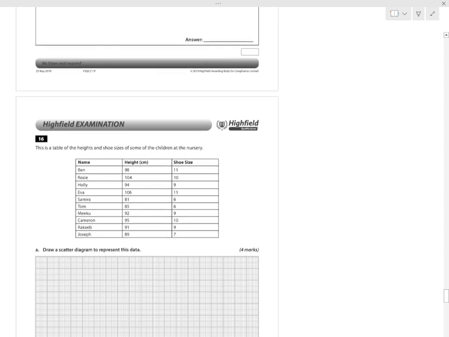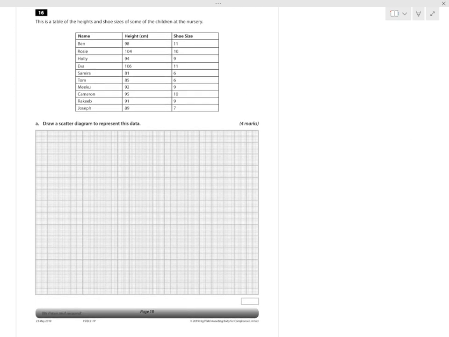Number 16, yet one more. Here's a table of the heights and shoe sizes of some of the children at the nursery. Name, height, shoe size. Draw a scatter diagram to represent this. So the height has got to go up to 100 and something. So 10, 20, 30, 40, 50, 60, 70, 80, 90, 100, and 110.